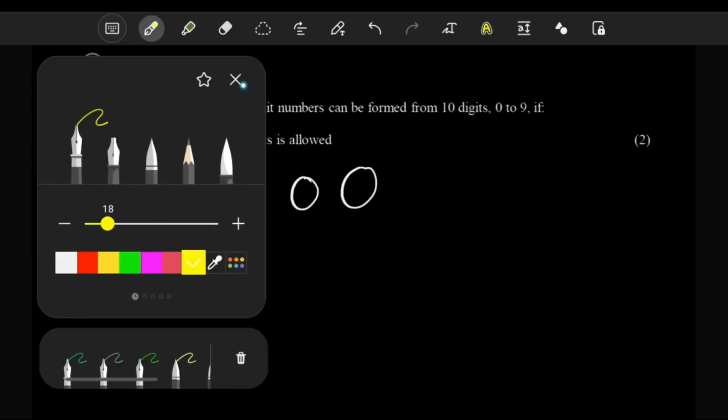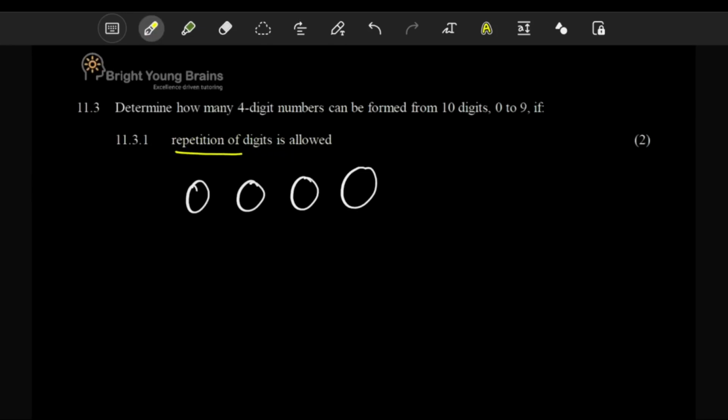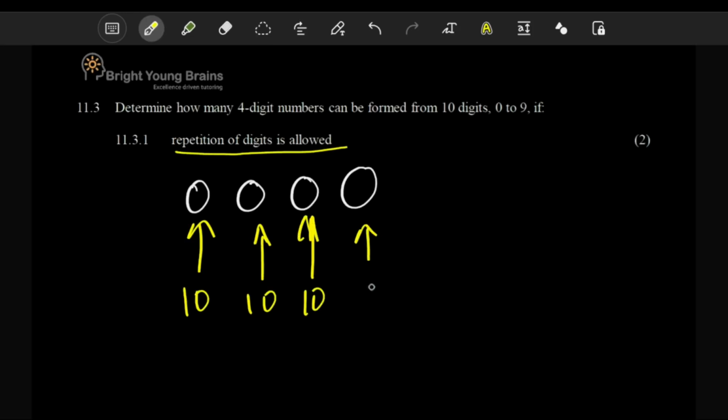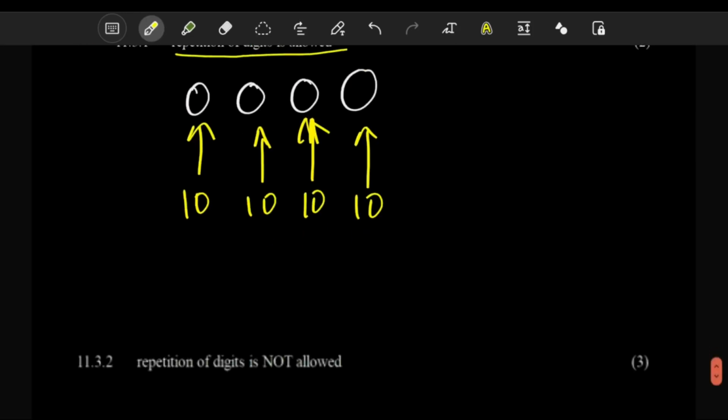If you have 10 numbers to choose from and repetition is allowed, it means that here you have 10 options, here you have 10 options, here you have 10 options, and here you also have 10 options. So obviously these are all your arrangements. It's 10 to the power 4, which is just, I think, 10,000?